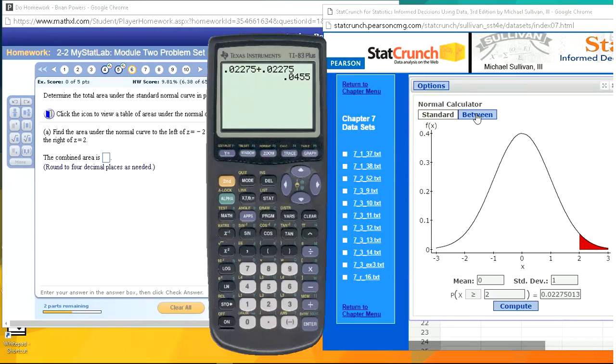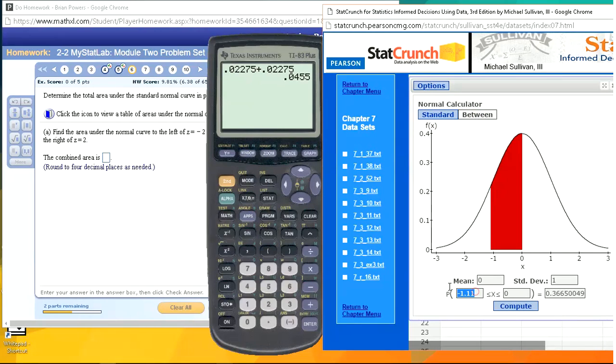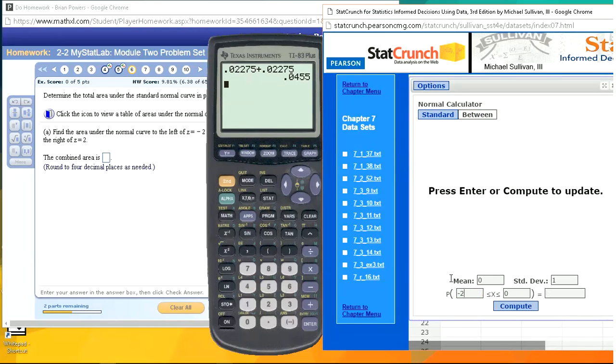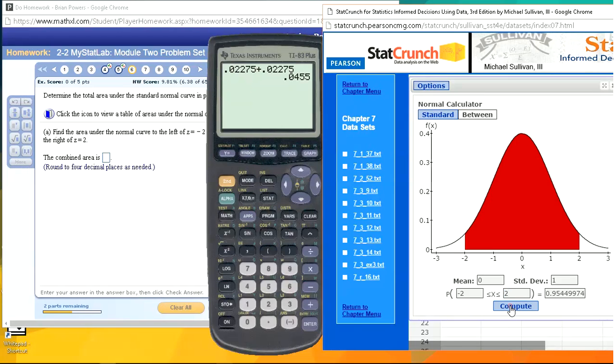The other thing you can do is you can take the area between -2 and +2, and what I'm going to do is take 1 minus this, 0.9545, whatever it is, okay, 0.0455.